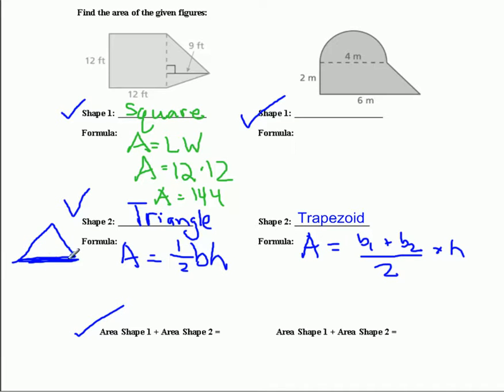I put it on its base, its flat part. So what is this flat part? That would equal 12, and then its height, or how tall it is, according to this, is 9. So I'm going to do 1/2 times 12 times 9.